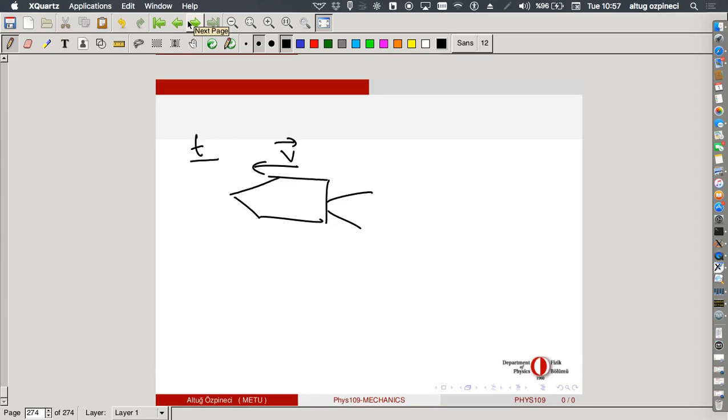Let's now go to the inertial observer. The inertial observer just looks at the rocket, and sees that it's moving at some velocity v. Let's say that at this time, the total mass is m of t, because as it's burning fuel, the mass of my rocket will be reduced in time, as I'm just throwing away some mass with the exhaust. So what is the momentum of my rocket, let's say in the z direction?